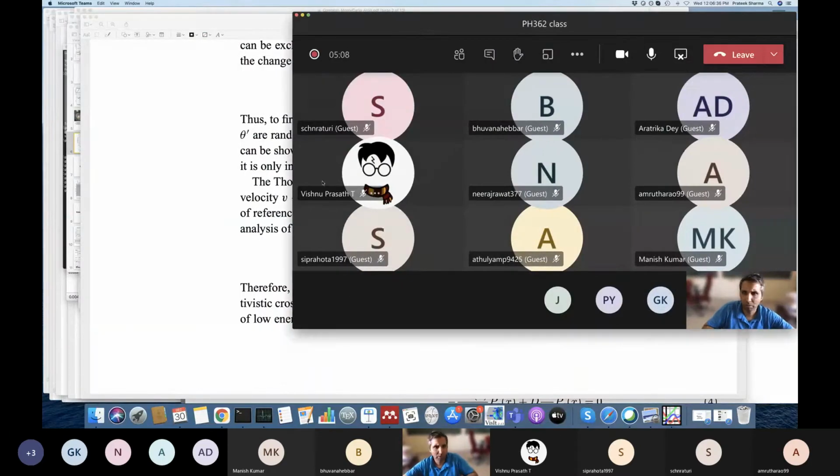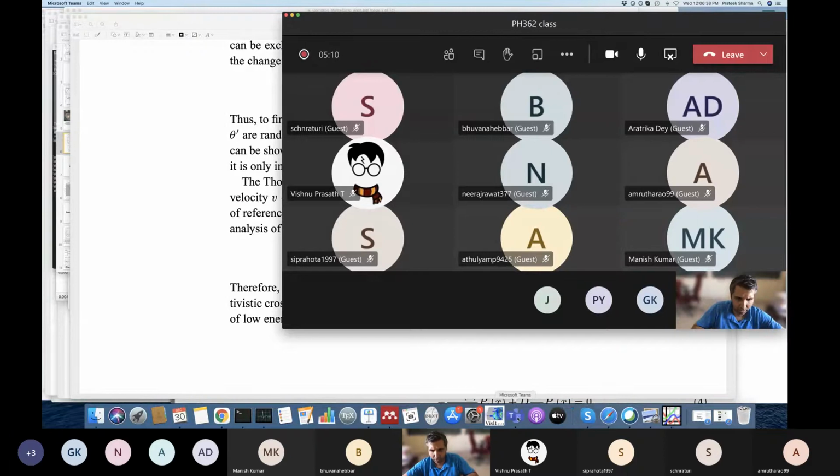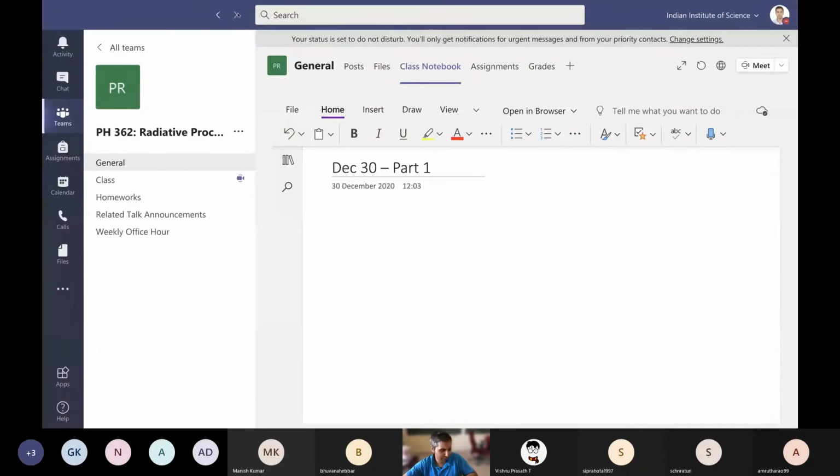Oops, what happened? Right, so we had this expression for inverse Compton power, which looked very similar to the expression that we had for synchrotron emission, right?